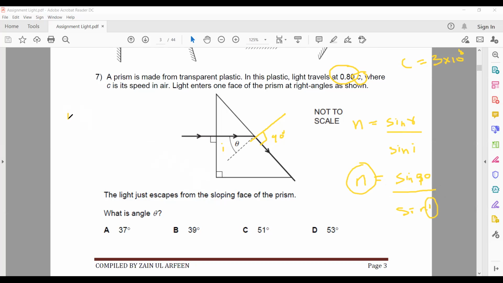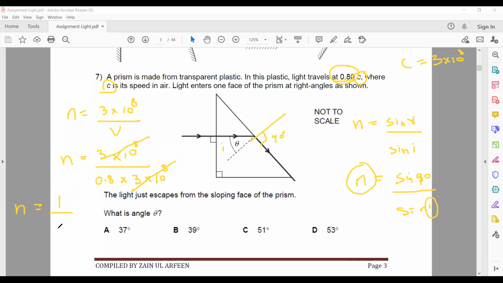There's another formula for refractive index: speed of light in air divided by speed of light in a medium. Speed of light in air is 3 exponent 8. What is the speed of light in the medium? They give 0.8 c. 0.8 c means 0.8 multiplied by 3 exponent 8, because they mention that c stands for the speed of light. So 3 exponent 8 will cancel with 3 exponent 8. So what is the refractive index?